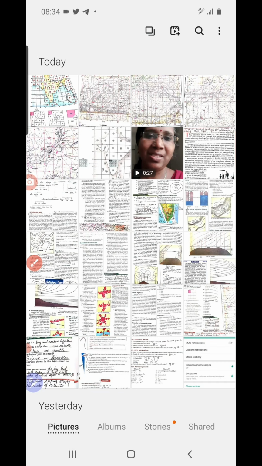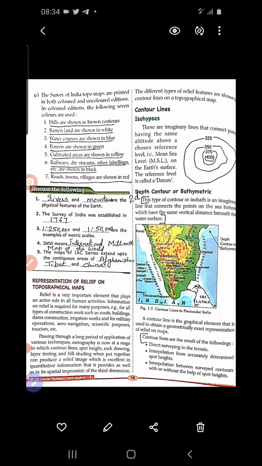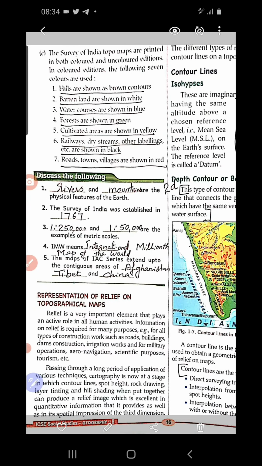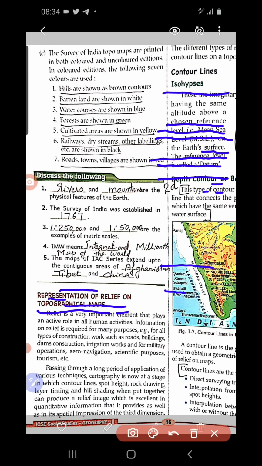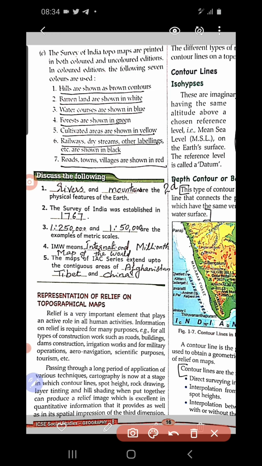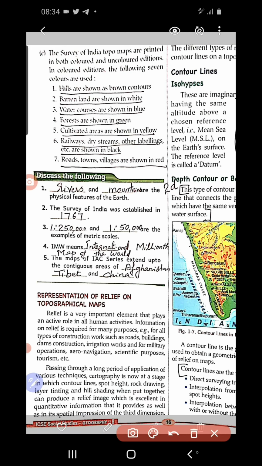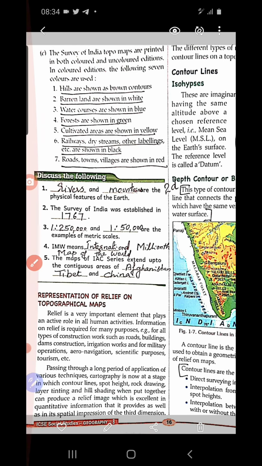Again we are moving on to the next page to discuss. Now what we have to discuss here is which colors are used in the survey map. Hills are shown in brown color, barren lands are shown in white color, water bodies are shown in blue color, forest regions are in green color. Let's see how these different colors are used with the help of a survey map. Here this is the survey map.